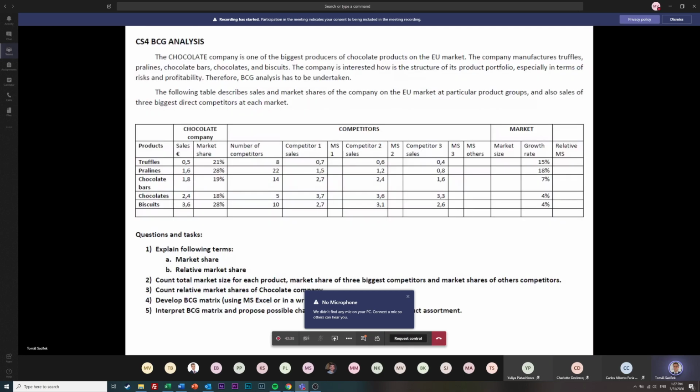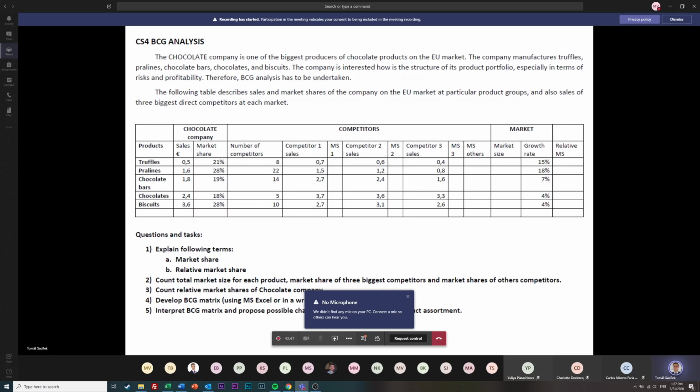We have a table including the information from the market. What's in the table? We are comparing the products from our company to other competitors. And we know the sales for these 5 products and the market share.